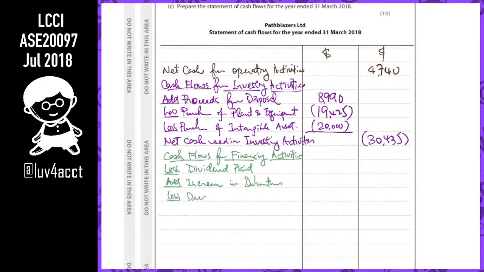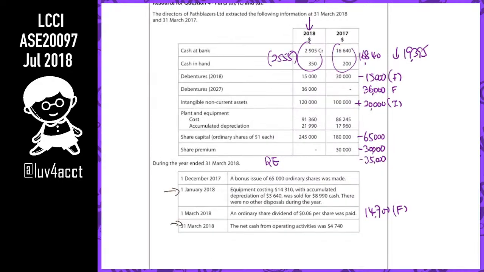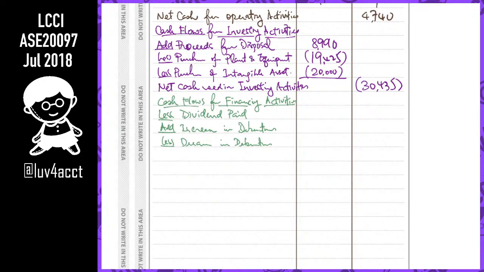Yes. Okay, so dividend paid 14700. Okay, and then for the debentures we have repaid 15,000 and then borrow a further 36,000. Okay, so this is 36,000 and then 15,000 negative, and then 14700 negative.